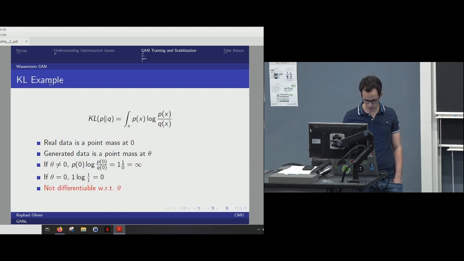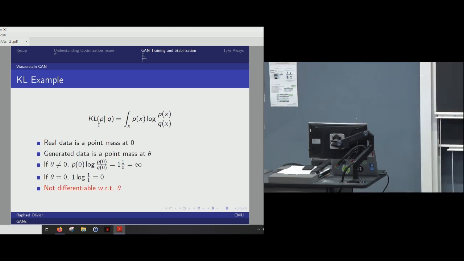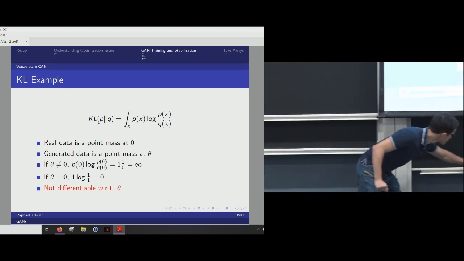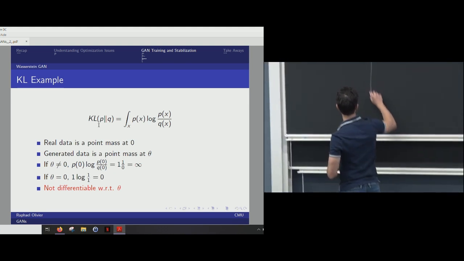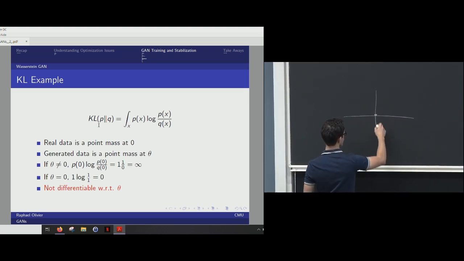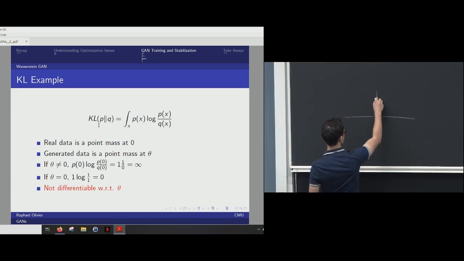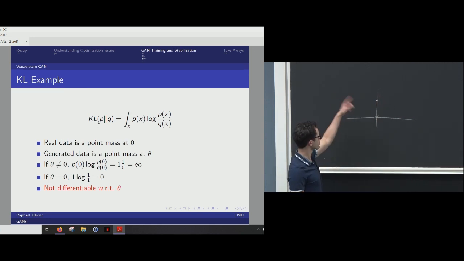So let's look at a simple example. So let's say you have two point masses. Let's say this is your target distribution, and it's just 0 everywhere and 1 on 0.